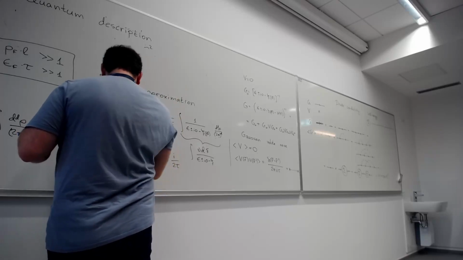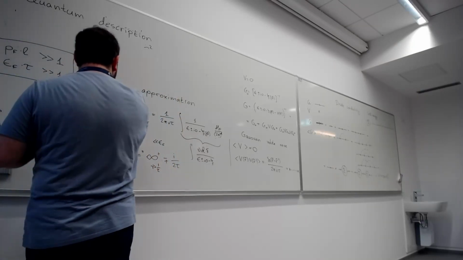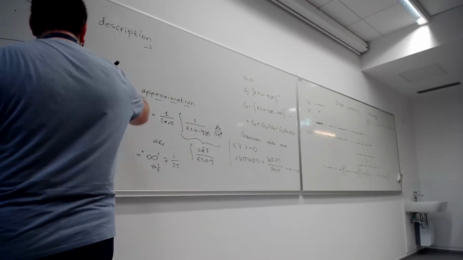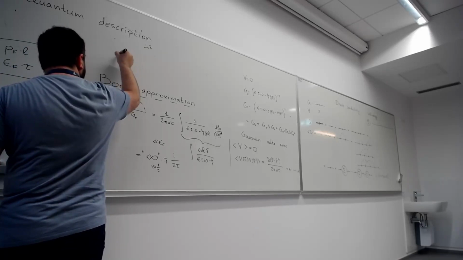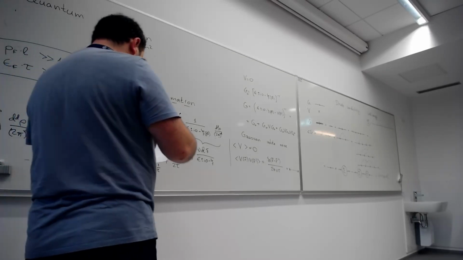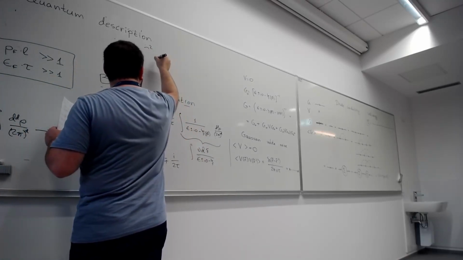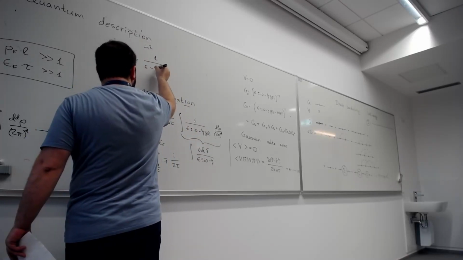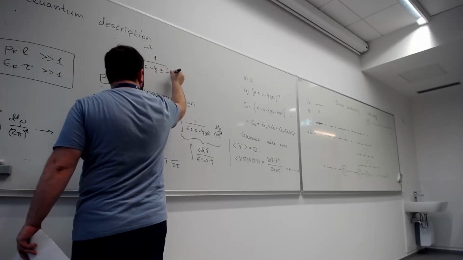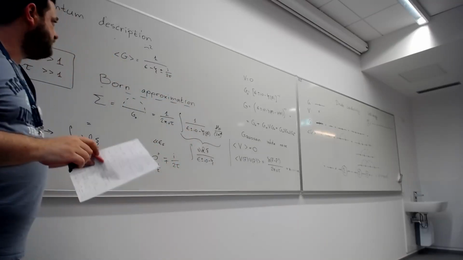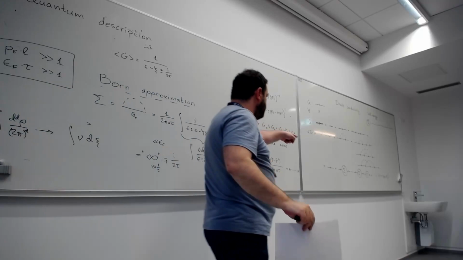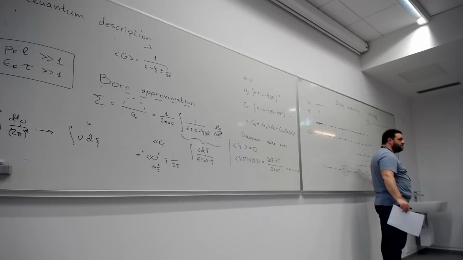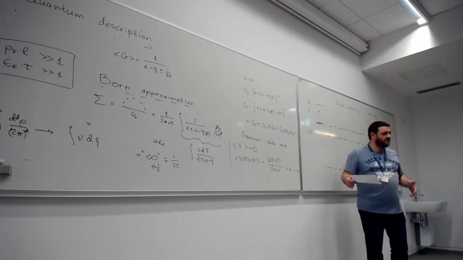So within the Born approximation, we can say that our Green function on average equals 1 over epsilon minus psi plus or minus I over 2 tau. Yeah, I just put this sigma. And this I over 2 tau actually allows me to remove this I0, which has the same sign.